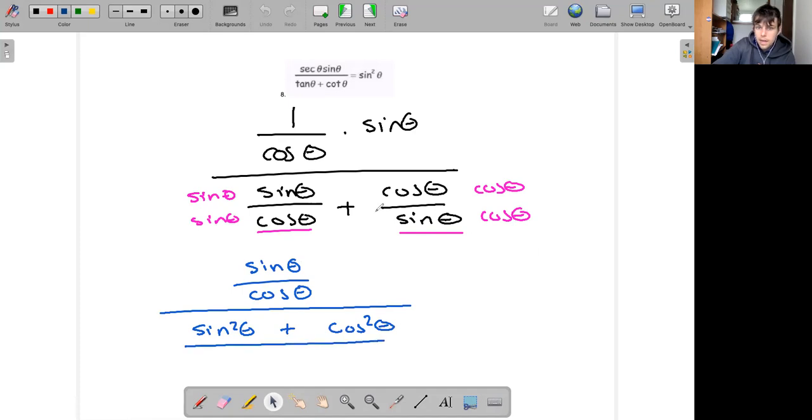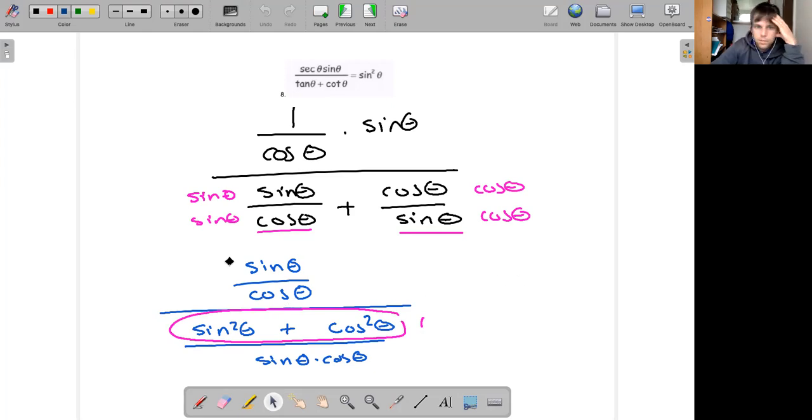And we had a common denominator of sine theta times cosine theta. Okay, I can see some things happening here. Hopefully we noticed right here, this is a great identity to have memorized. This is just equal to 1, so that equals 1.